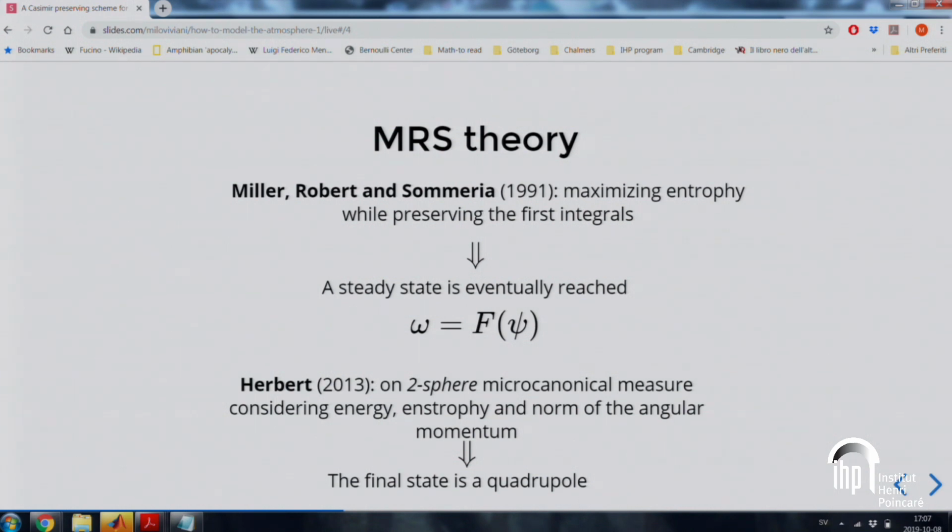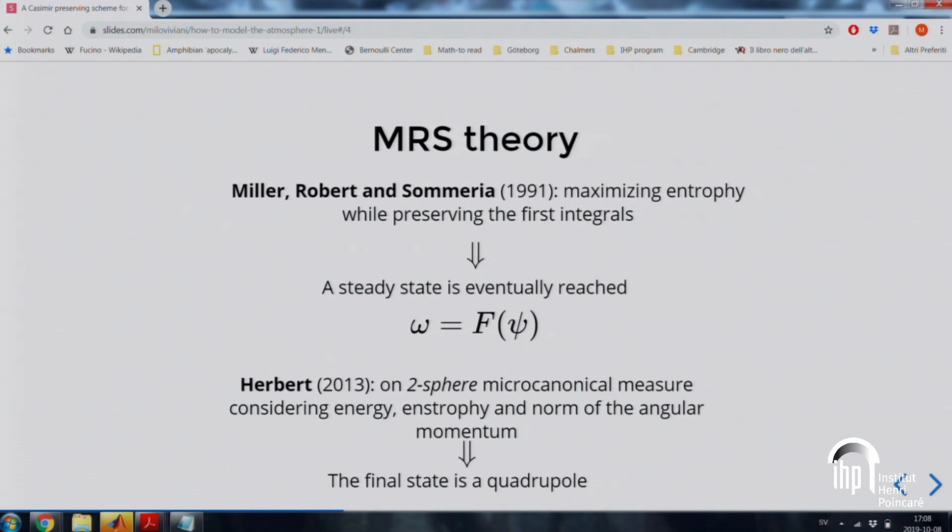If you remember, we can write the Euler equation simply using the Poisson brackets on the sphere. If we have a functional dependence between the stream function psi and omega, then this bracket vanishes, and therefore we reach a steady state. So this is what the MRS theory predicts.